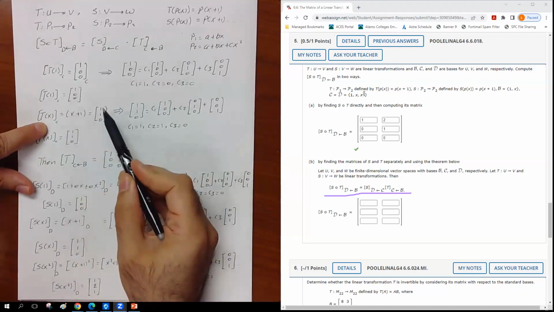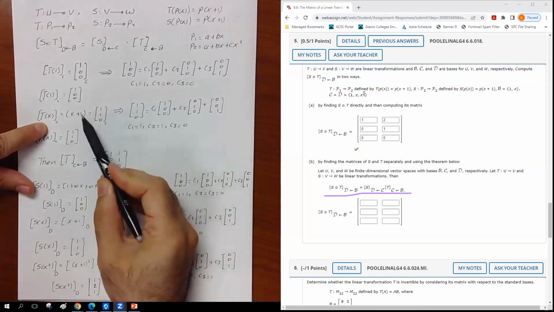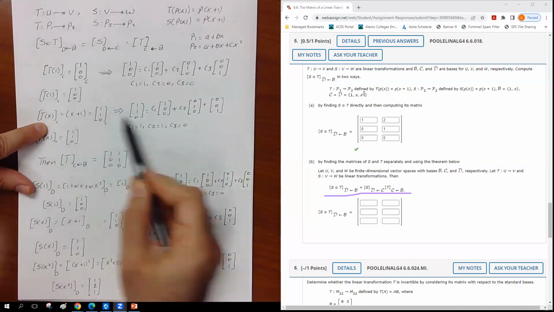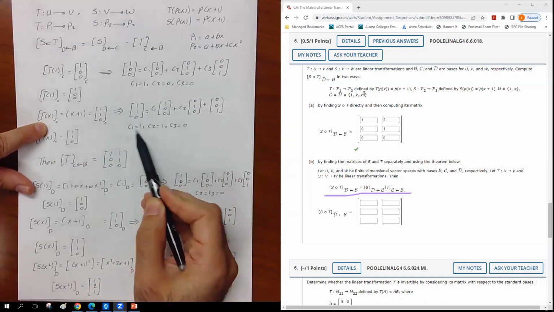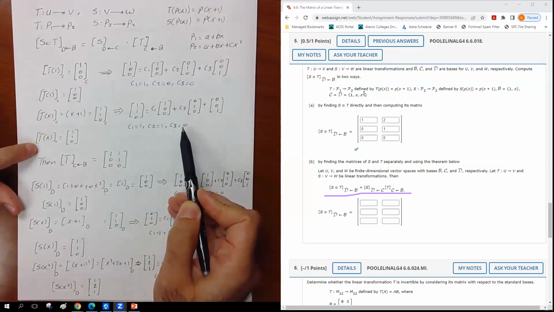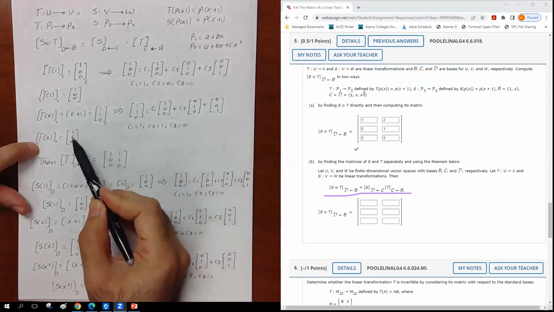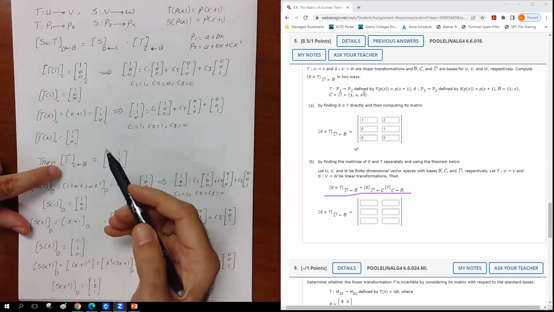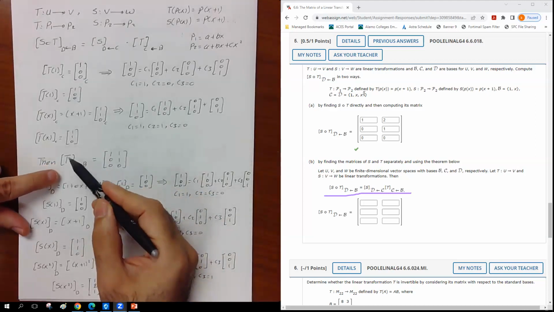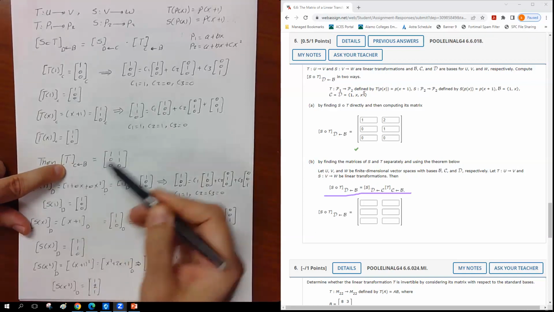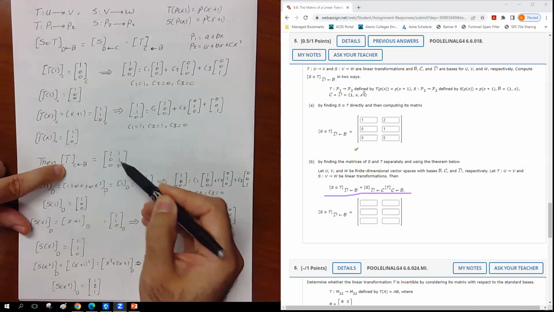That means the first constant is going to be 1, the second one also is going to be 1, and the third one is going to be 0. Write down as a linear combination, we're going to get C1 equal 1, C2 equal 1, and C3 equals 0. That means the second column is going to be 1, 1, 0. So the transformation T from base B to the base C is going to be 1, 0, 0 and 1, 1, 0.